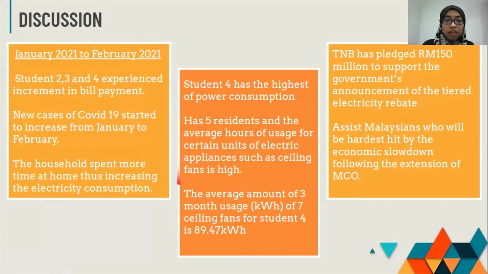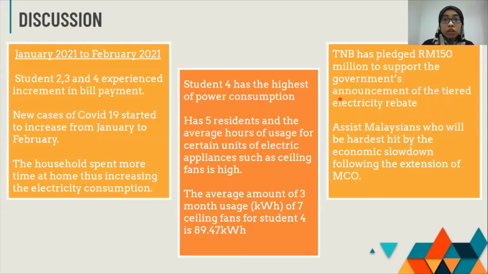Student 4 has 7 ceiling fans in the house. So the average 3-month usage of the 7 ceiling fans for student 4 is 89.47 kilowatt hours.